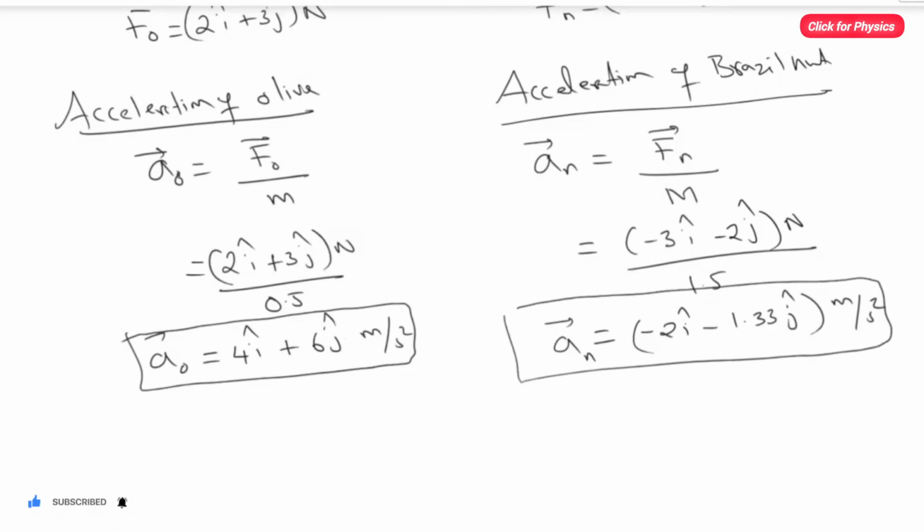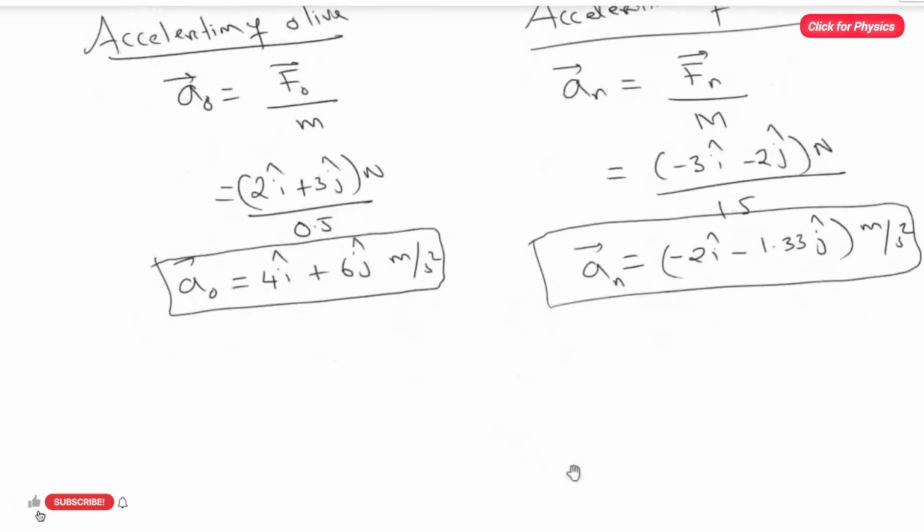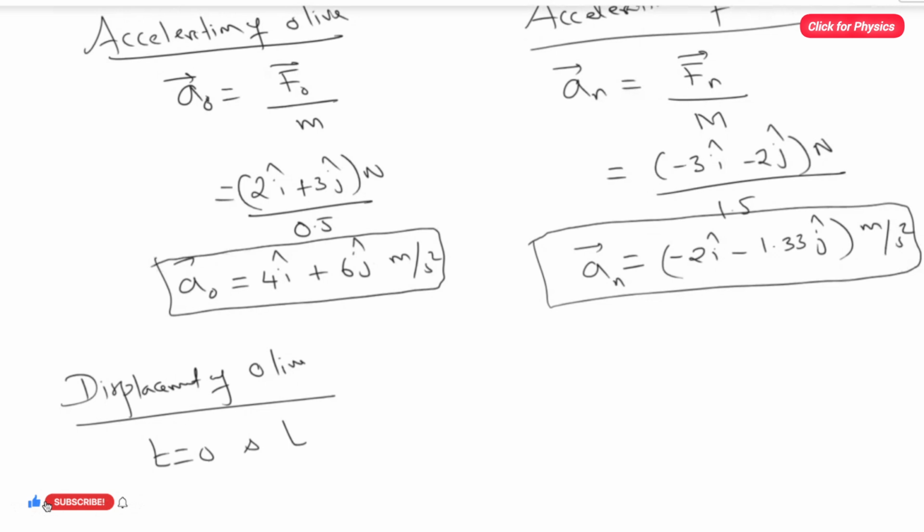So now we have to find the displacement of the olive. Likewise, I have to find the displacement of the Brazil nut. So let's write the displacement of the olive between time t equal to 0 and time t equal to 4 seconds.